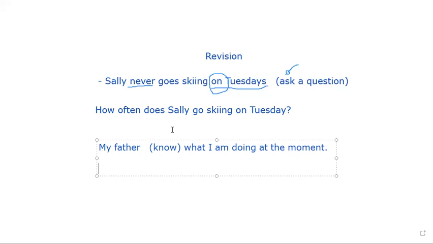Like senses that you have, like sight, you can see, you can taste, you can hear, you can smell. And also we have feelings like love, hate, like, dislike, need, feel. So we have things like that. And we have other verbs like own, belong, have, need, can, be.